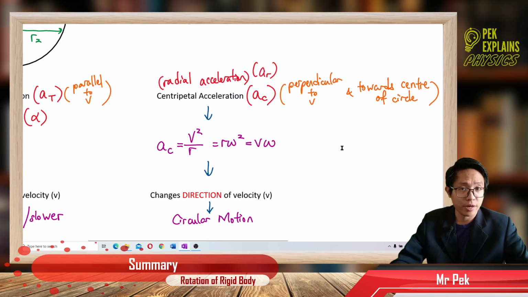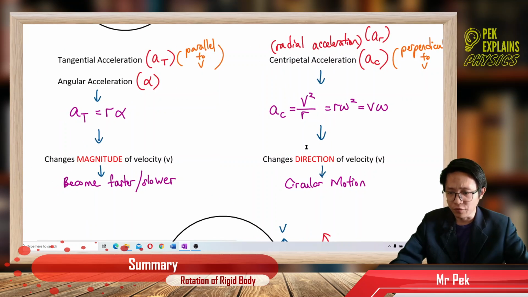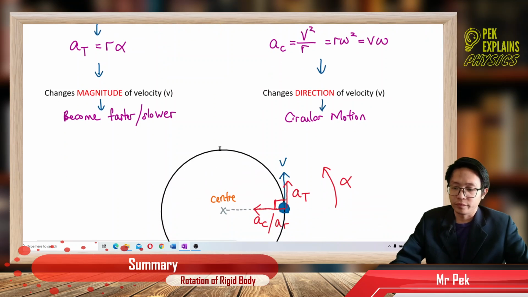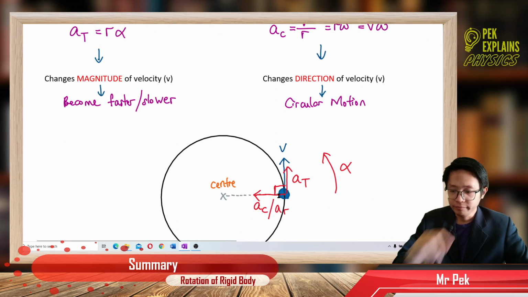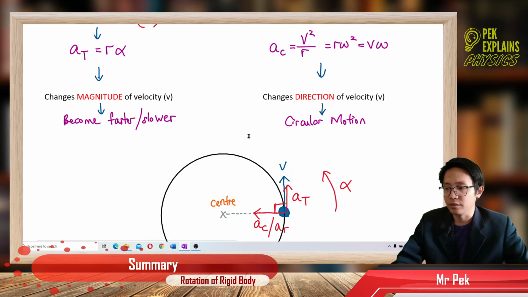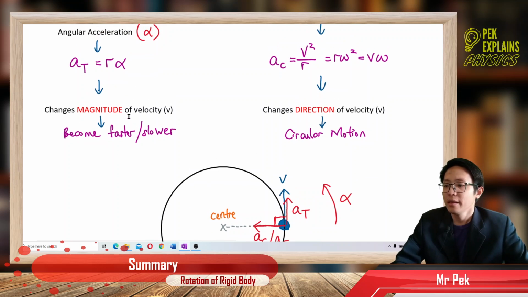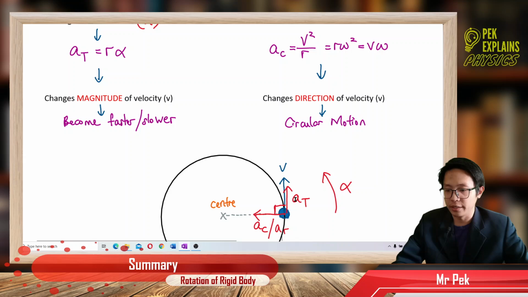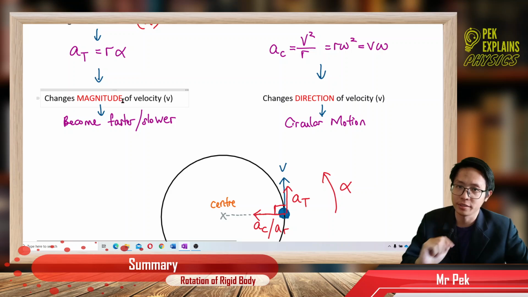Do they have the same function? First of all, their equations are different. So their directions are also different. So the functions are also different. Tangential acceleration, because it is parallel to the velocity, can change the magnitude of velocity. What does it mean?